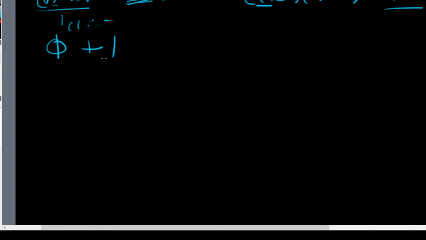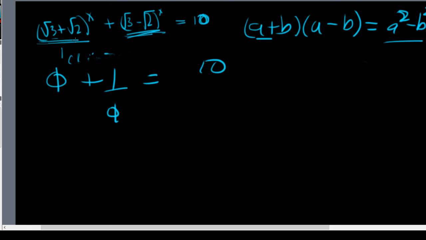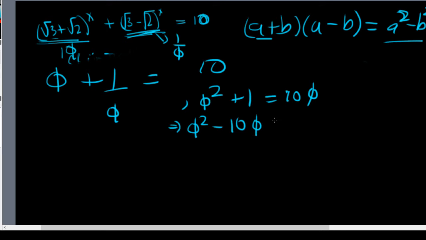So next we are actually going to solve this quadratic equation. We actually get phi + 1 over phi equal to 10. So this is phi, and this is 1 over phi. Now we simplify it to get phi² + 1 = 10 phi, and we get phi² − 10 phi + 1 = 0.